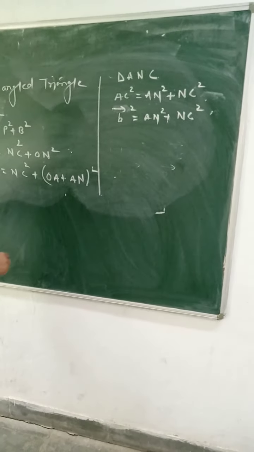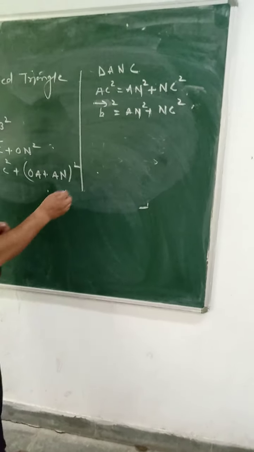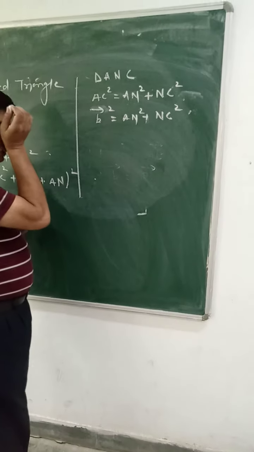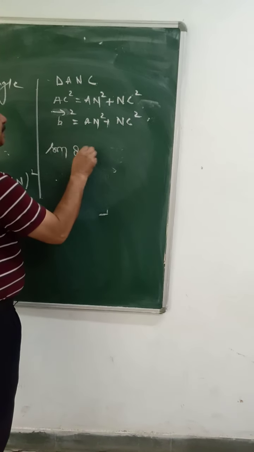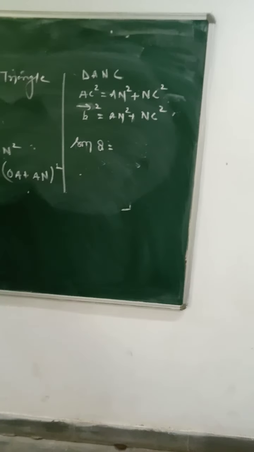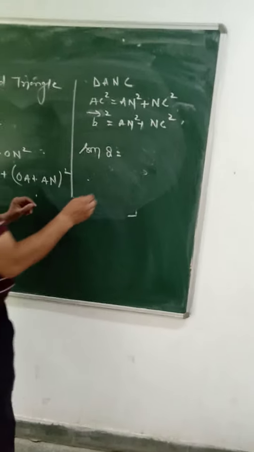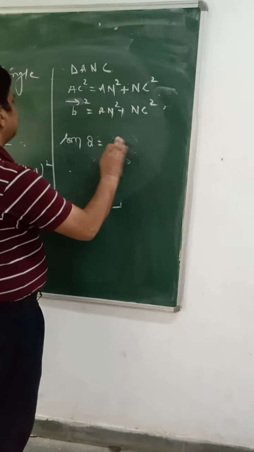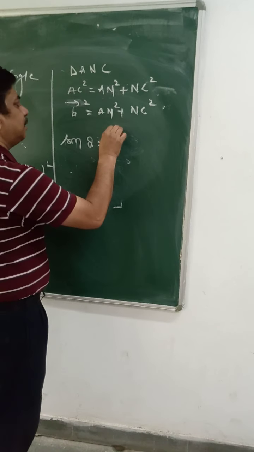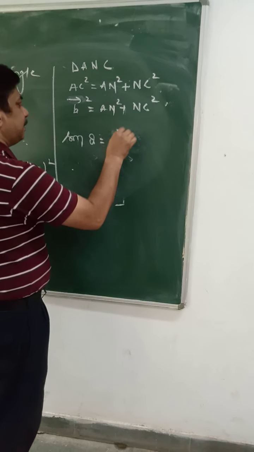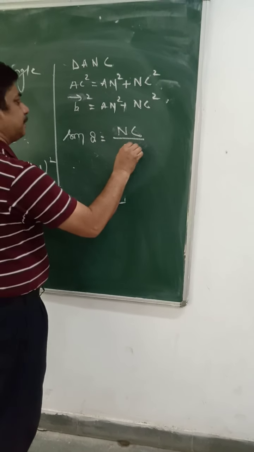Here this is theta, so we can use the trigonometric ratio: sine theta equals perpendicular upon hypotenuse, so this is NC divided by AC.